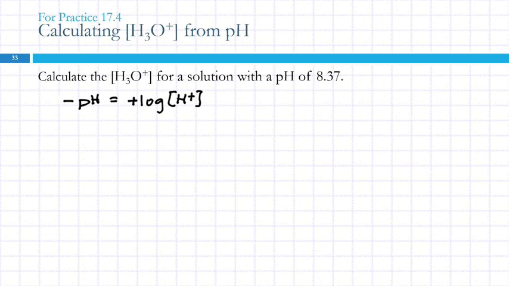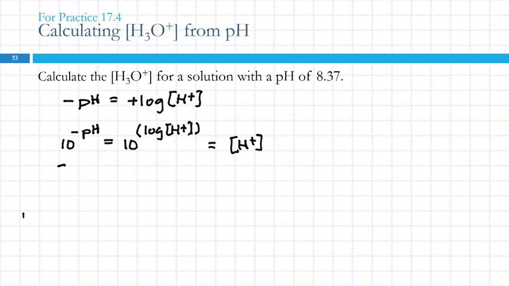Log is a function. We have to do the inverse function, which is 10 to the x. So the hydrogen ion concentration is going to equal 10 to the negative pH.